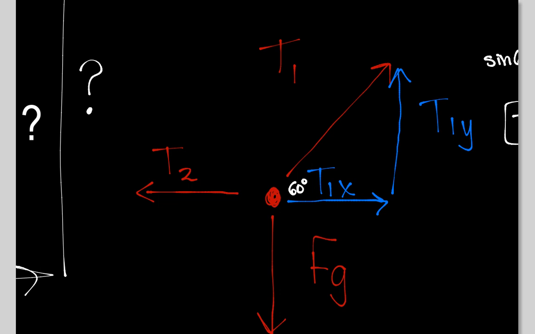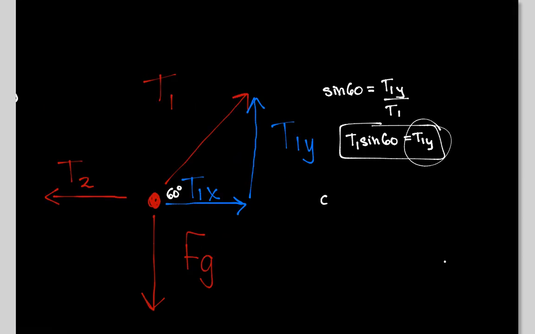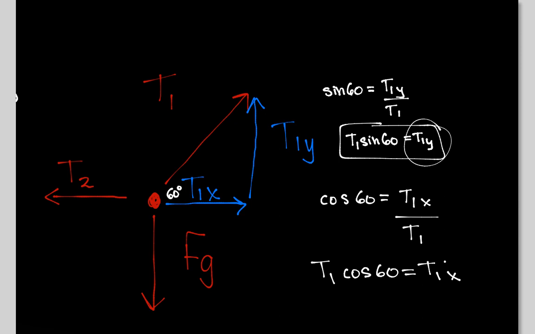Yeah, use cos. So cos of 60 equals T1x over T1. So T1 cos 60 is T1x. But I'm just going to use T1 because I have T1 already.